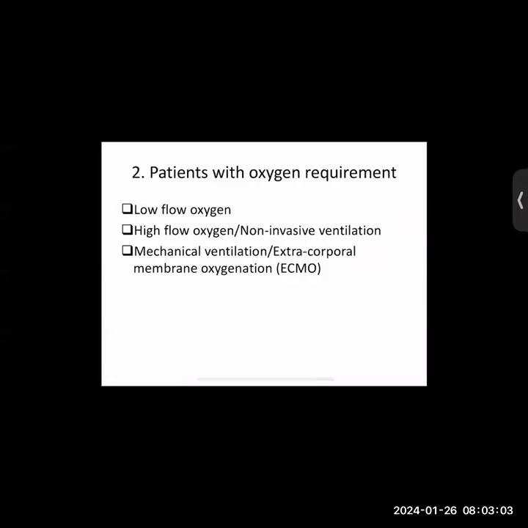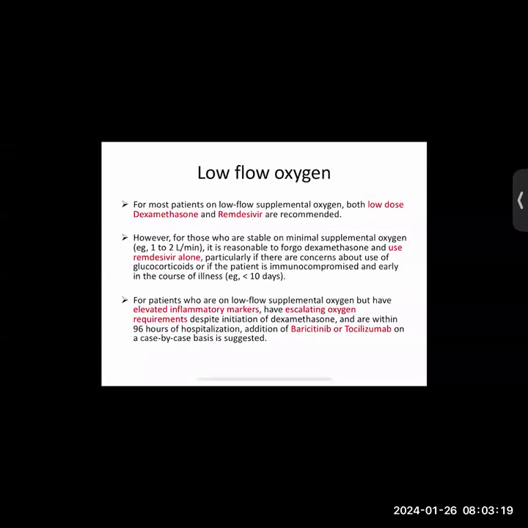Now, for those that require oxygen therapy, it could range from low flow oxygen, high flow oxygen, or mechanical ventilation. And this will also determine the pharmacotherapy that will be needed in them. So for those that require low flow supplemental oxygen, one could give low dose dexamethasone or remdesivir, which is said to be recommended.